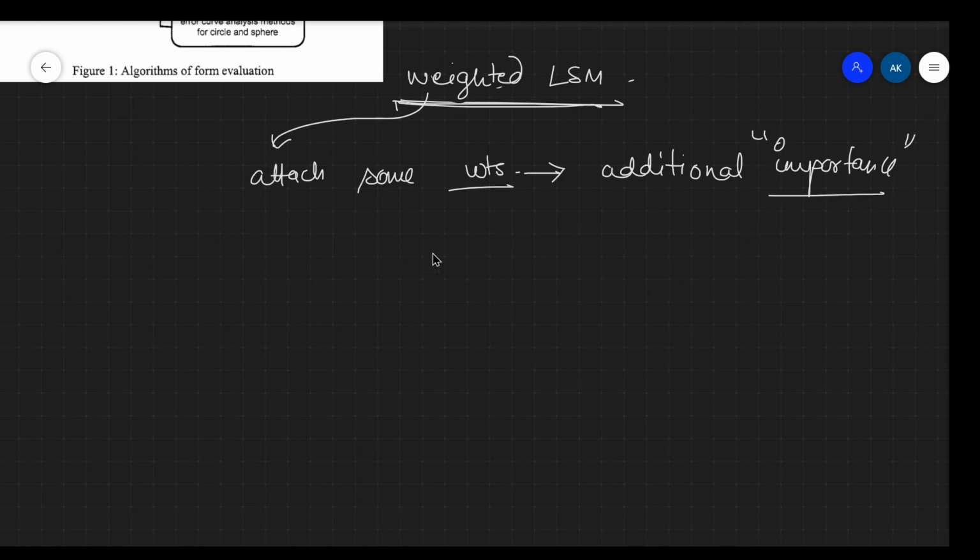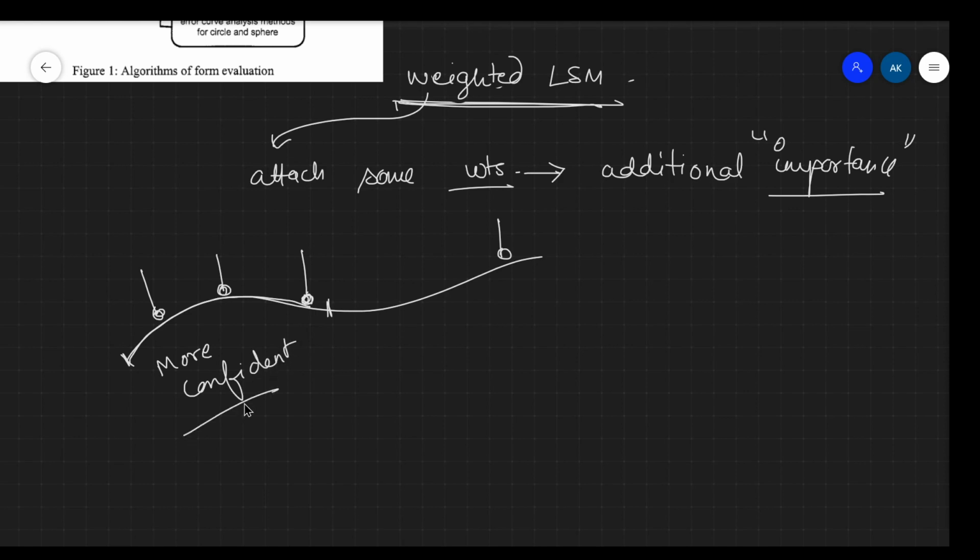What happens to it? Suppose there is a curve and you are somehow able to take more information in this particular zone. You are more confident in this data, but you are not so confident in this zone because of many reasons.